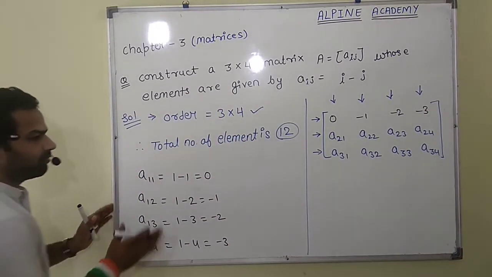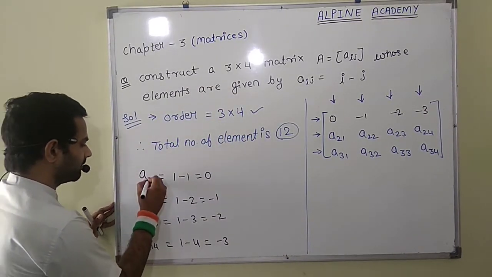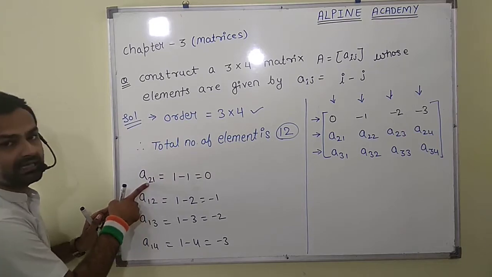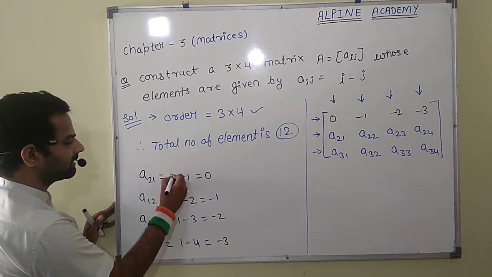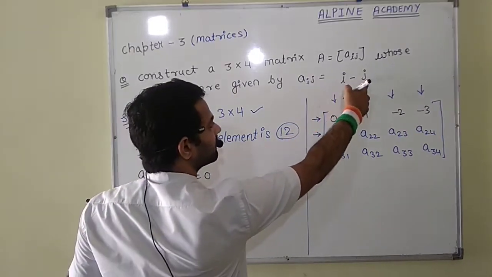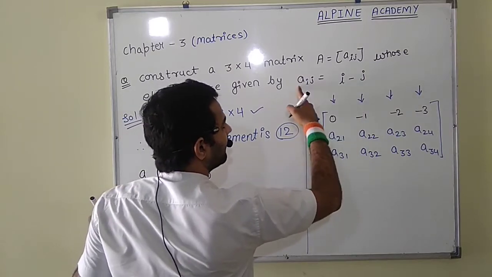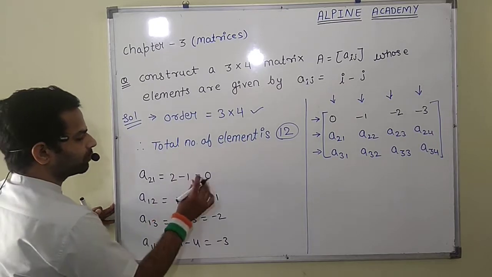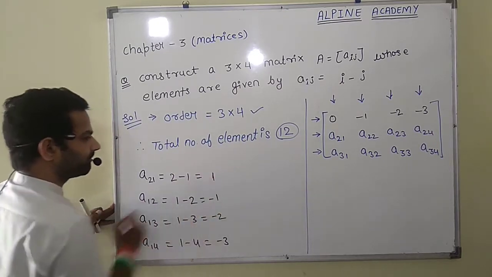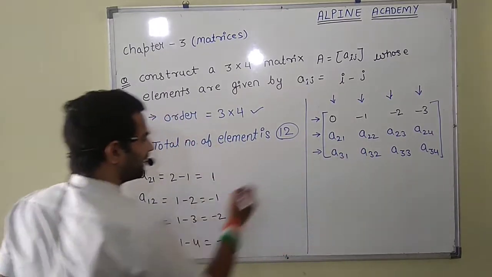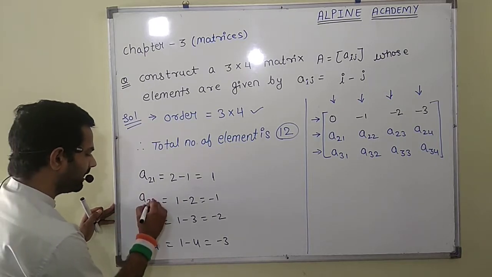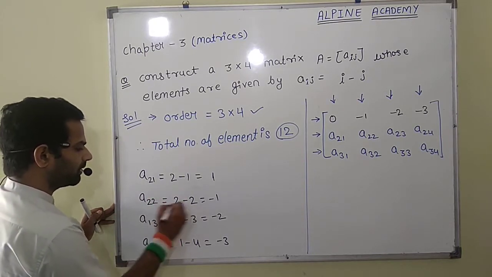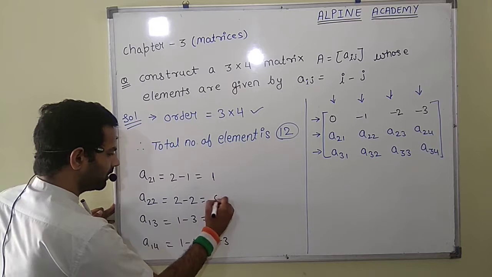Now find the value of a21. The value of i is 2, so according to the expression aij = i minus j, we write 2 minus 1, which is equal to 1. The next element is a22. What is its value? 2 minus 2, which is equal to 0.